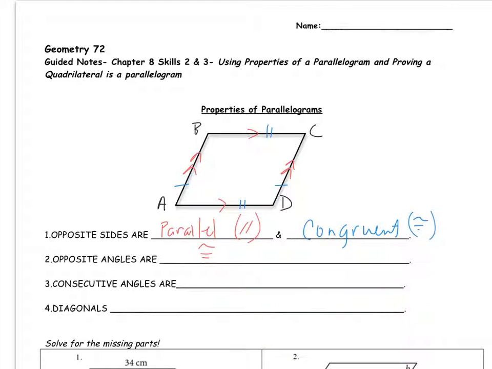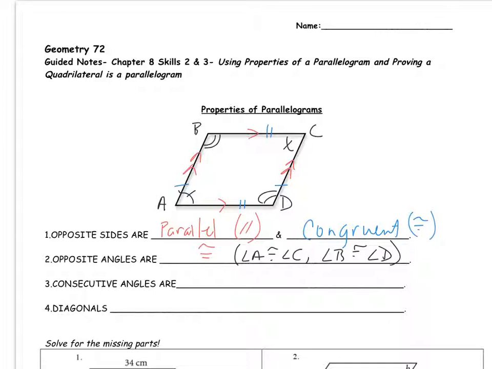So opposite angles are congruent. What this is saying is that angle A is congruent to angle C and angle B is congruent to angle D, and we can mark that with our symbols to show that they are congruent.